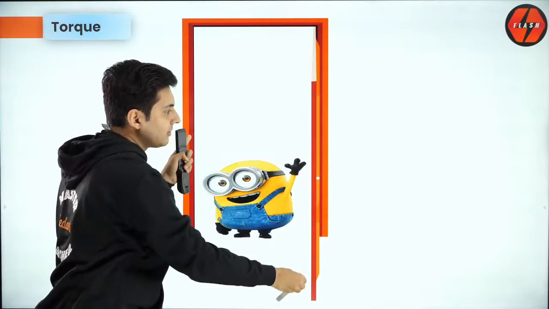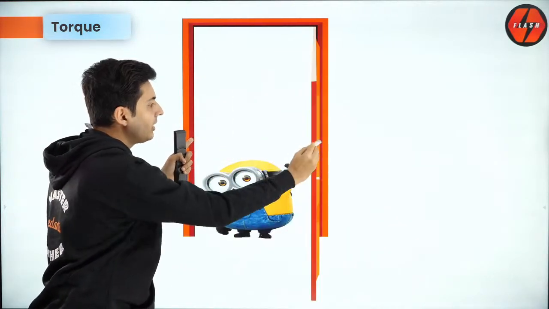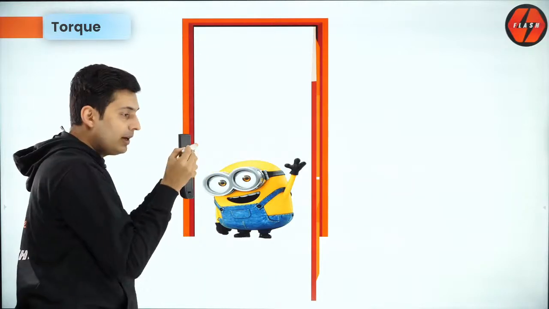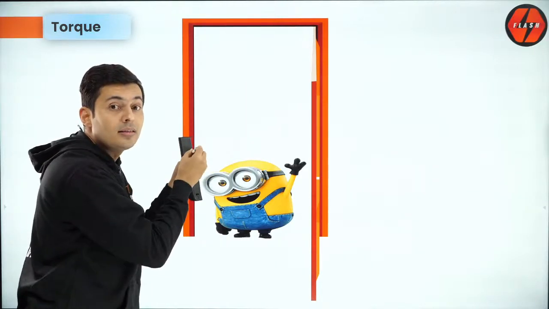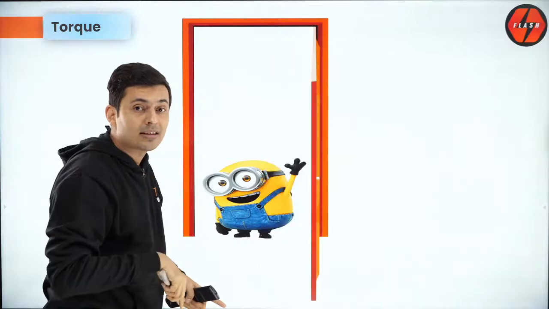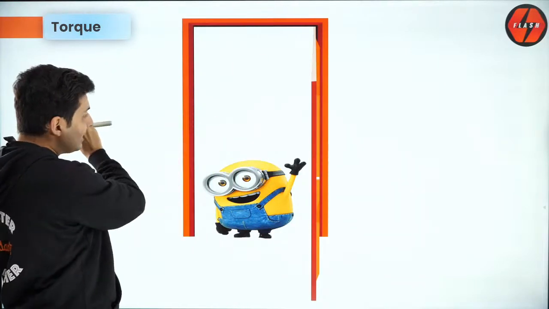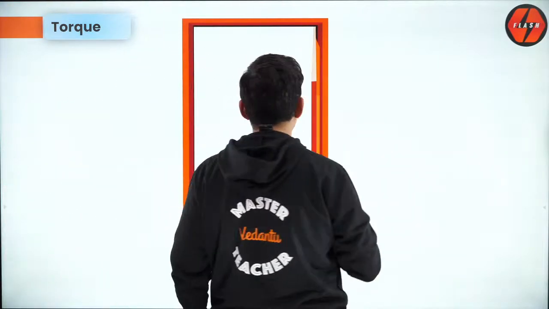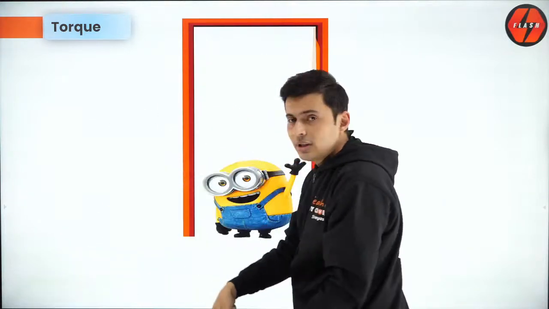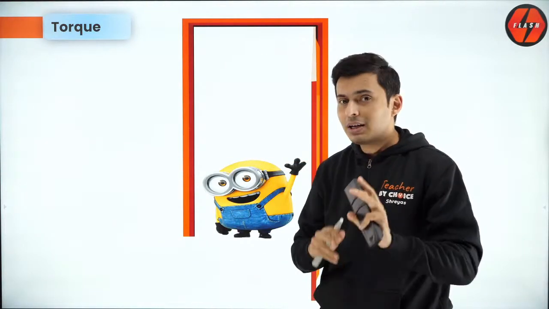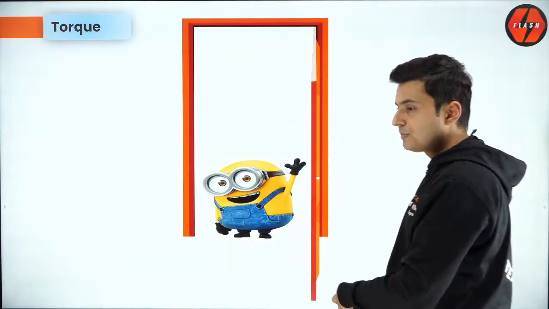This is the axis, this is the line joining the point and the axis, and I am applying the force perpendicular to it. That's when the torque produced is maximum. And if you apply the force like this, then there is no torque produced, because you will just be tearing that door apart, but you will not be rotating that door.